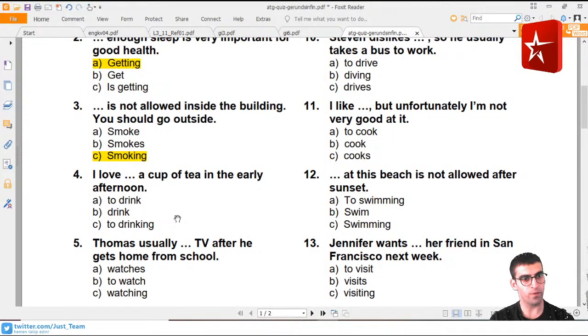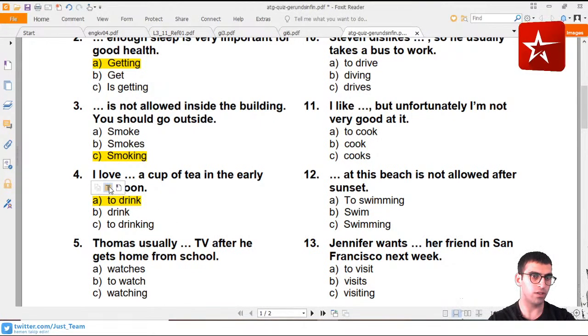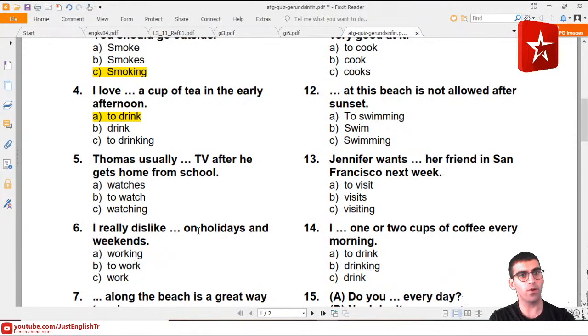Both of them wrote A, like to drink, and A is the same answer. And Mustafa says number 4 is A. Hava says A. Okay, let's wait for the rest of the students' answers. Aisha says A. Yes, guys, congratulations. Awesome, perfect, wonderful. Your answers for number 4 were correct.